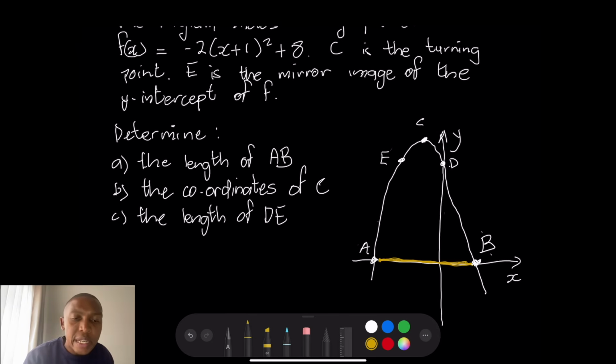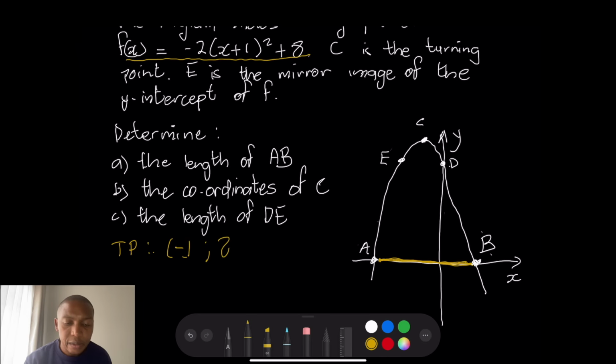Now, deliberately, I've given you the equation in that format over there, just to remind us what we said. So in that format, what do we know? We already know the turning point. I'm not answering any question at the moment, just reminding you. So we already know what the turning point is, and our turning point is essentially -1 and 8.